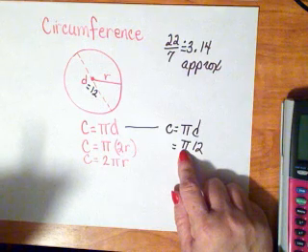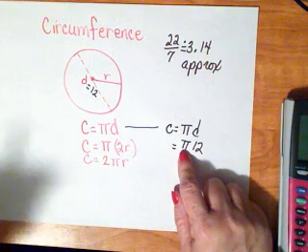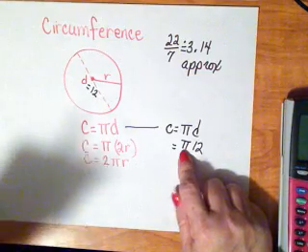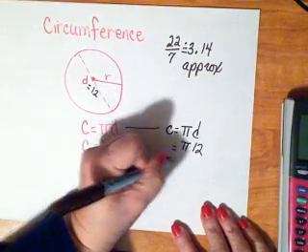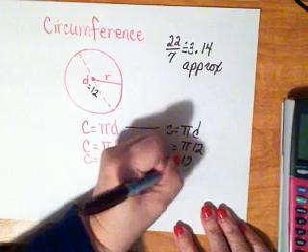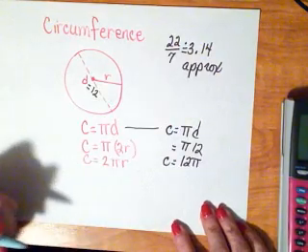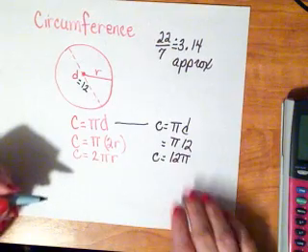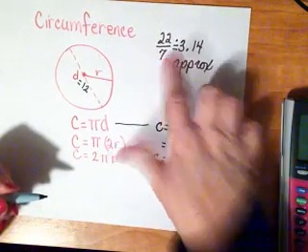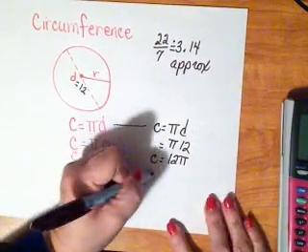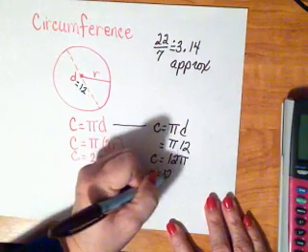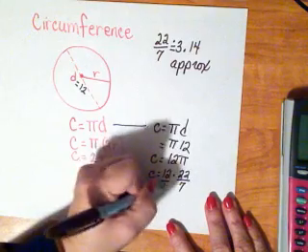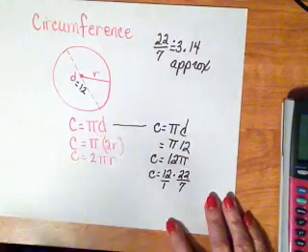It's an exact answer, but we treat it like a variable. So we wouldn't say x2, we would say 2x, so we'll do the same thing here. So the circumference is 12 pi. Now, if you were asked to approximate using 22 over 7, then you would say 12 times 22 over 7, multiply across the top, across the bottom.